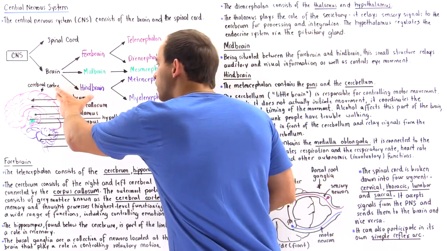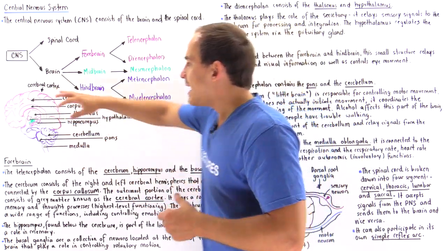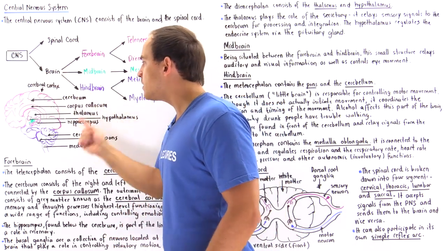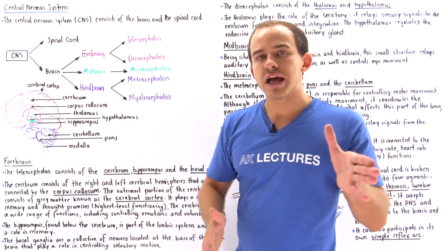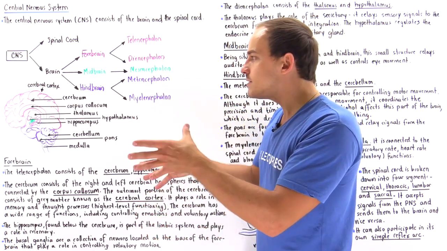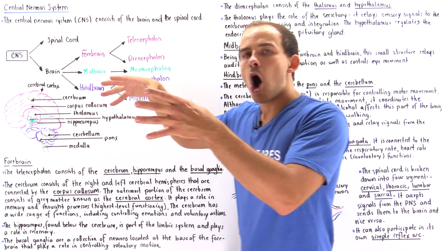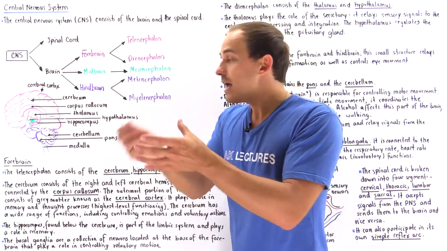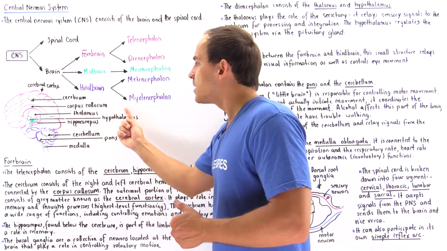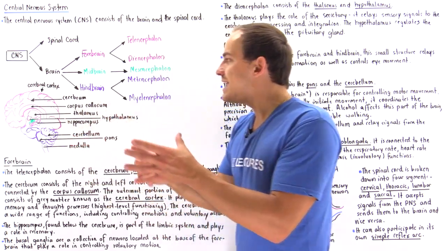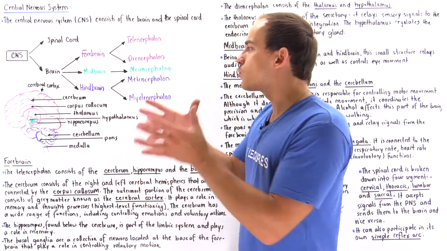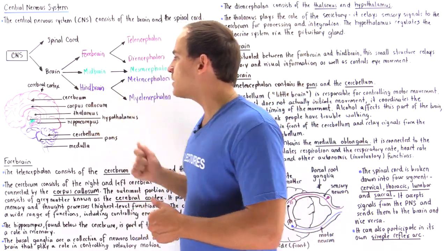Now, the cerebrum is a pretty large structure. It takes up this entire region here. And the cerebrum consists of the left and the right cerebral hemispheres. So the left and the right hemispheres inside the cerebrum are connected by a bridge. And this bridge of cells is known as the corpus callosum. The corpus callosum is a network of myelinated cells that connects the left to the right hemisphere of our cerebrum.